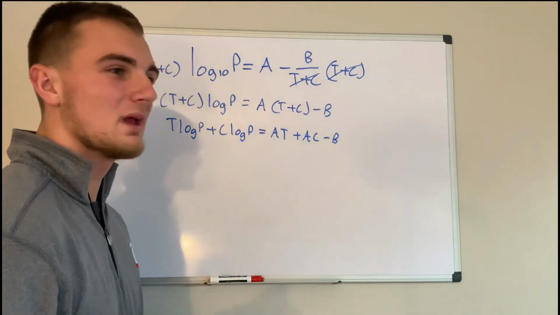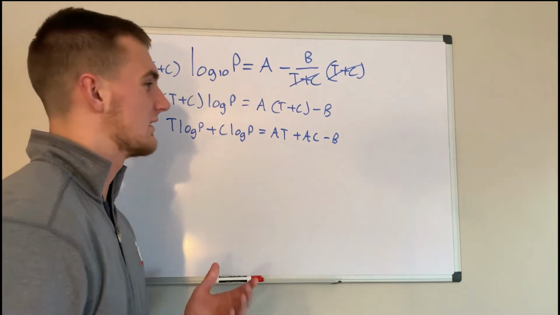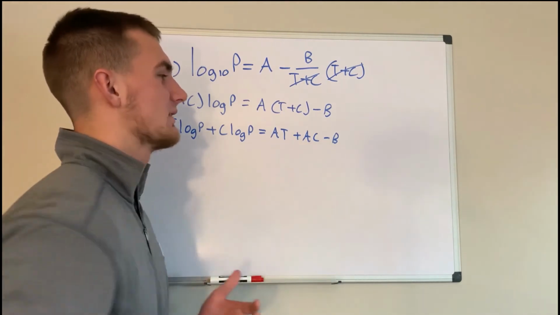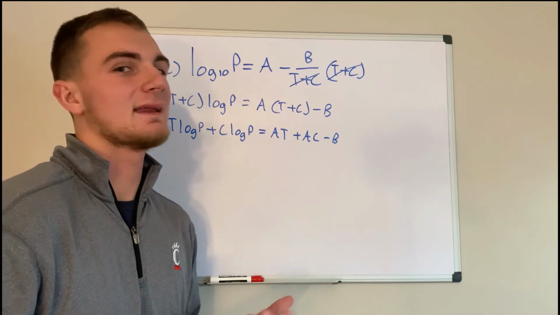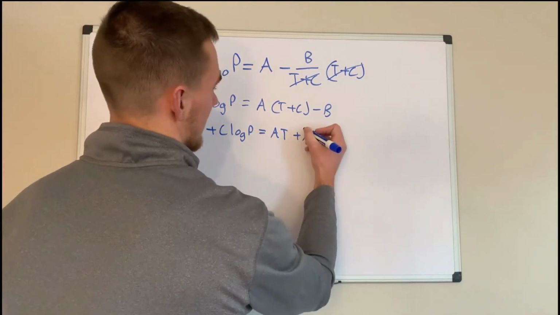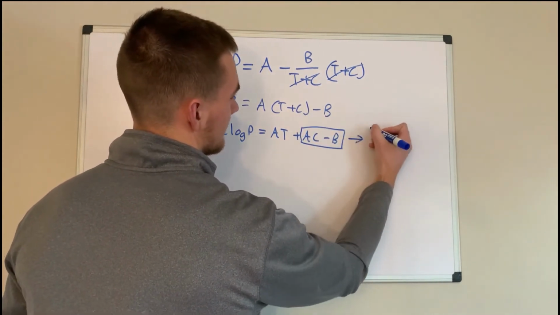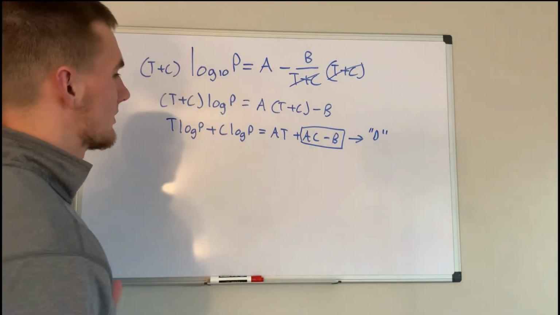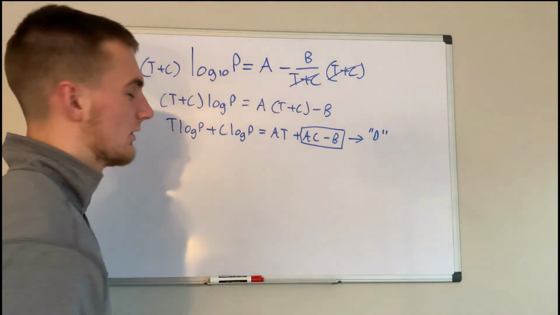Now, you may notice here that our last term on the right side of the equation is just some fitted parameter, this AC minus B term. So what we can do here is just refer to this term as just any constant. So I will be calling this D. So this term here will be called just a constant D. So now what I'm going to do is subtract this C log P term over and rewrite the equation.